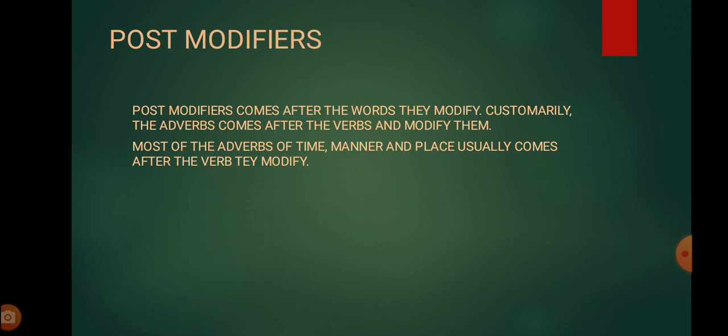Most adverbials of time, adverbials of manner, adverbials of place usually come after the verb they modify. That is the action. What action is performed? So they come in after the verb.